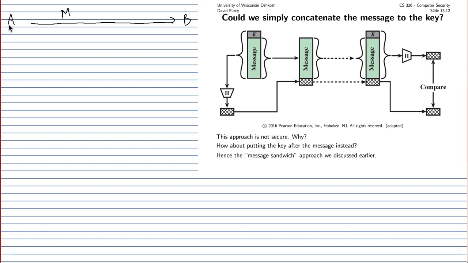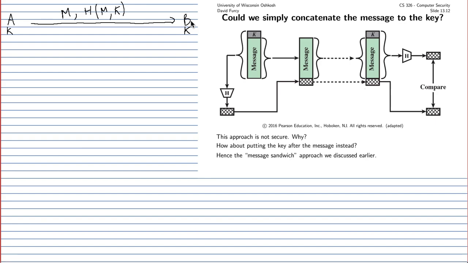So one way to do that is that A and B, Alice and Bob, have a shared knowledge of a key that nobody else knows. And then Alice can hash, so using a MAC algorithm called H in this case, she can hash the message with the key and send that along as an authentication tag to Bob.